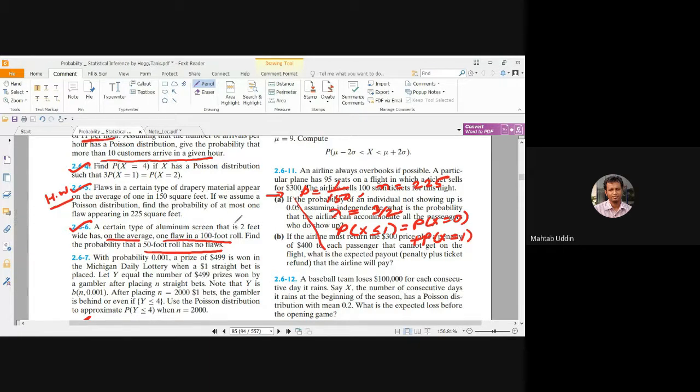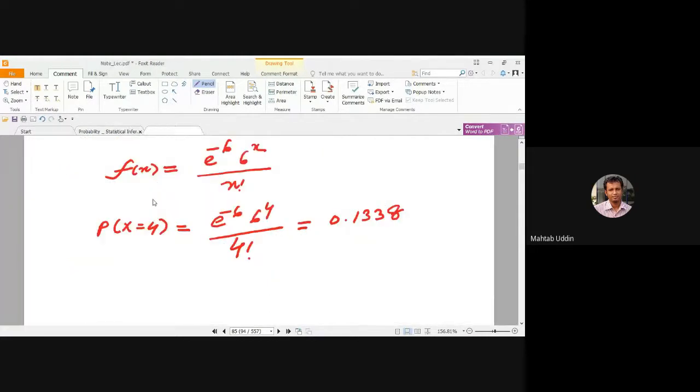So 2 feet will have no effect on your calculation, because this is the width only, and we are considering the length. Do you understand? Yes, sir. It has said 1 flaw in 100 feet.